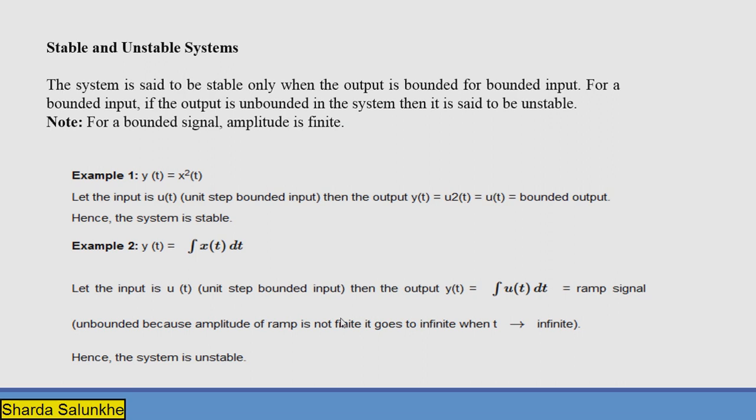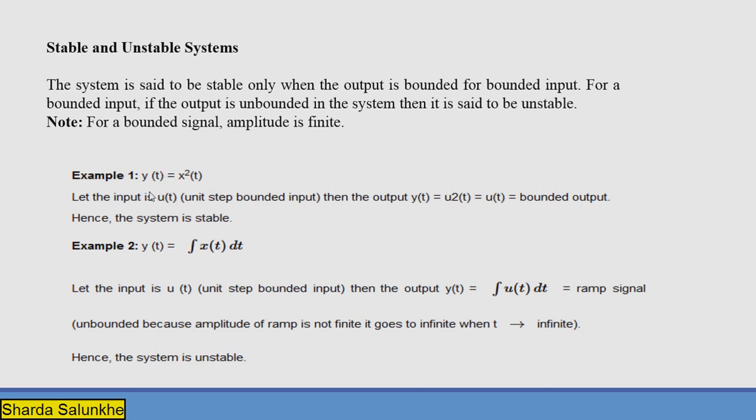That means if the system input is bounded and the system generates an output which is also bounded, then we call it a stable system. And if we apply a bounded input to the system, but due to system instability, the system generates an unbounded output, then it is called an unstable system.